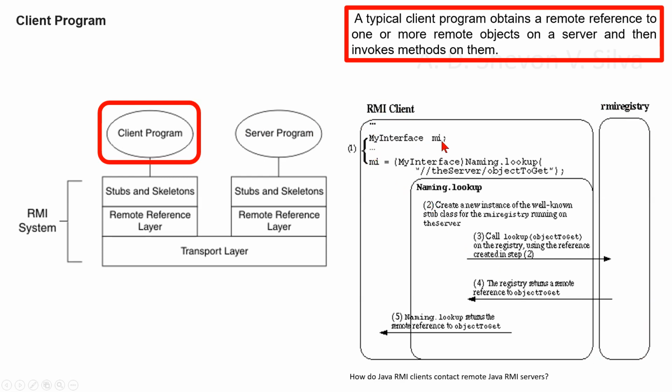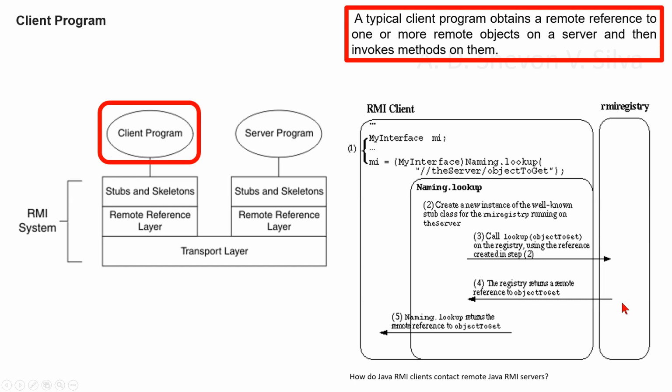Here, MyInterface mi equals Naming.lookup of the server object to get. Naming.lookup is inside the RMI client. Step 2, create a new instance of the well-known stub class for the RMI registry running on the server. Step 3, call lookup of the object to get on the registry using the reference created in step 2, and this is connected to the RMI registry.